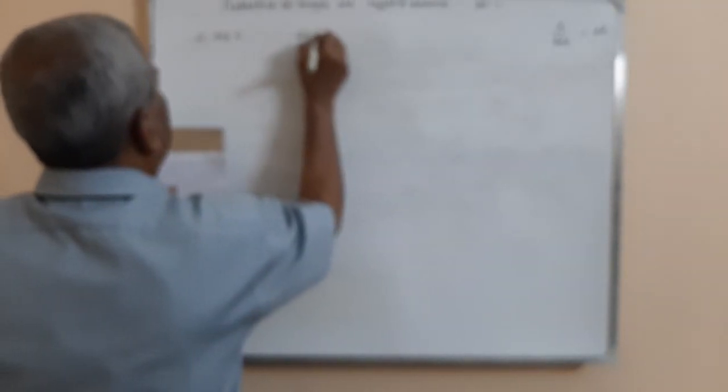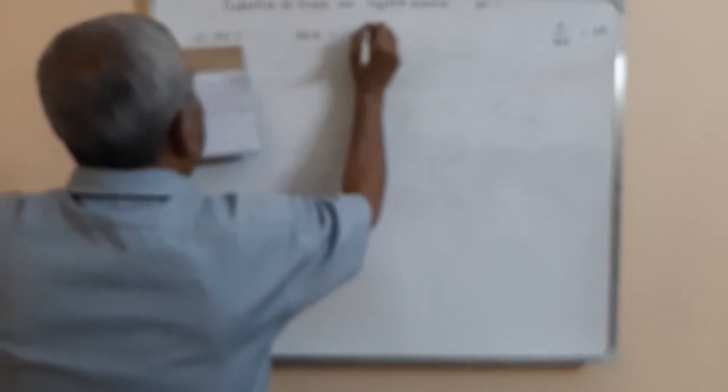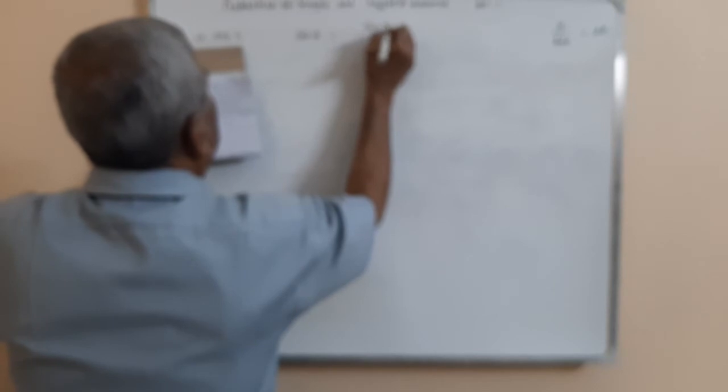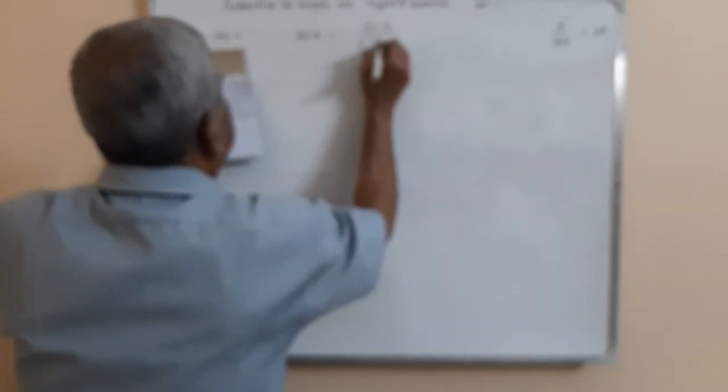In triangle ABC, given that cos A is equal to sine B by 2 sine C, then which one is true?